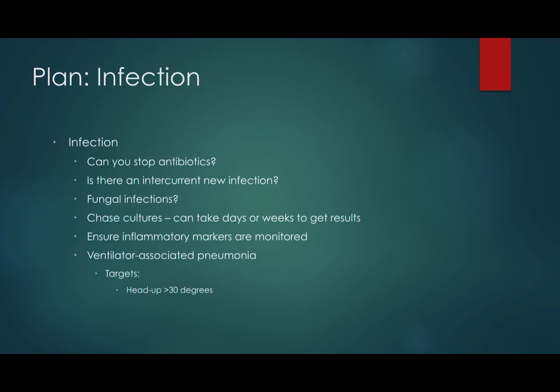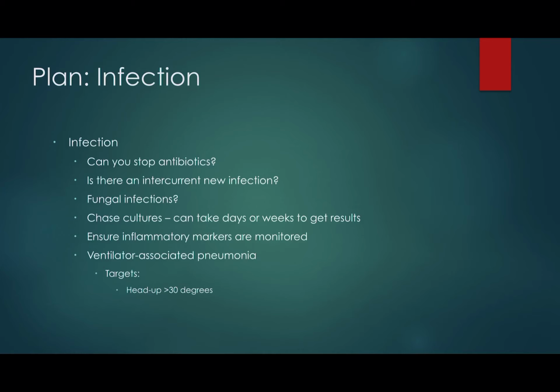Inflammatory markers are important to be monitored, but an increasing inflammatory marker in and of itself does not indicate infection, but it can be a good clue. So make sure that septic screens are done when there are signs of infection starting to brew, such as temperatures.